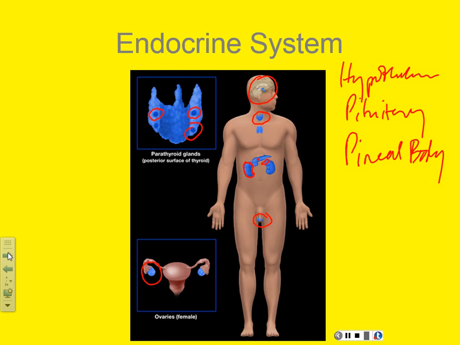When I ask you about the functions of the endocrine system in the exam, don't just say calcium balance and put a period. Say calcium balance, and then talk about how parathyroid hormone causes the breakdown of bone and increases blood calcium. If you say the endocrine system is involved in the immune system, then say the thymus produces thymopoietin and thymosins.